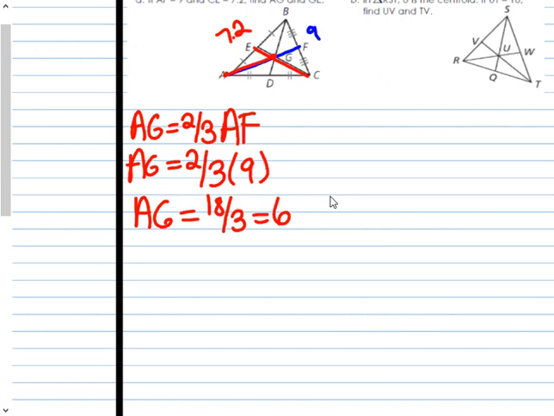So we had CE from C to E, and I actually should draw it from C to E to make it a little bit more clear. So from C to E is the median, and they want GE. So they want from the centroid, which is right here, to the remainder.